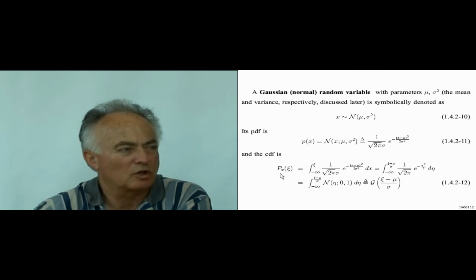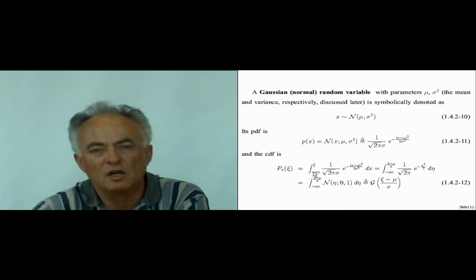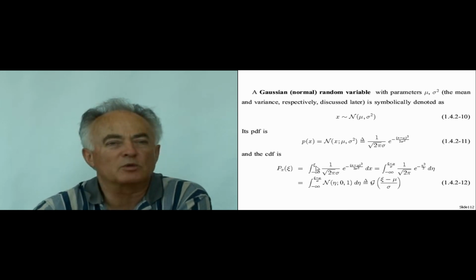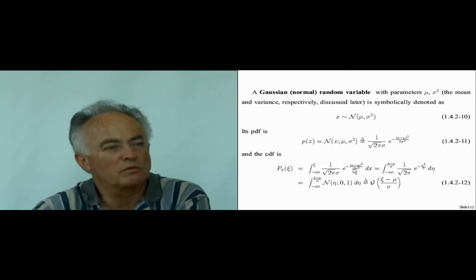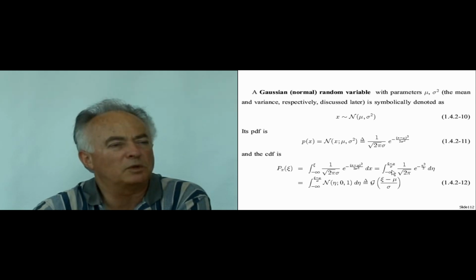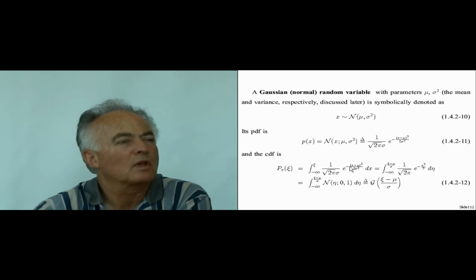Its cumulative distribution function, capital P sub X at psi, is the integral from minus infinity to psi. This is the probability that it is to the left of the point psi, which means between minus infinity and psi on the real line, the integral of this density times dx. Now, we can modify the integral by a small change of variable, introducing a new variable eta, which is (x minus mu) over sigma.